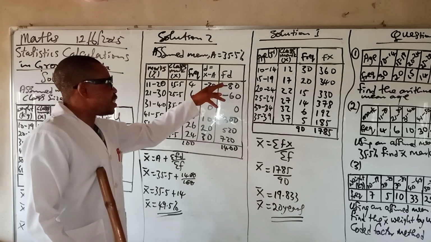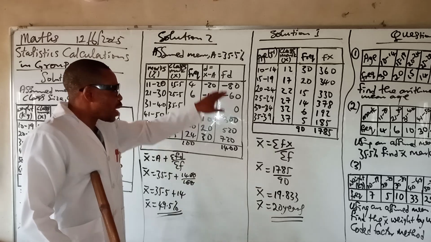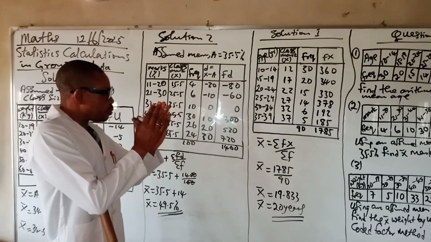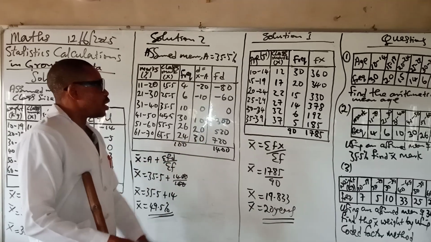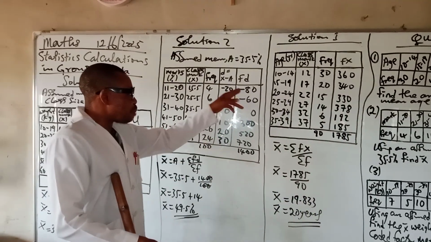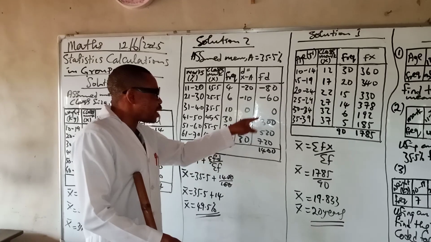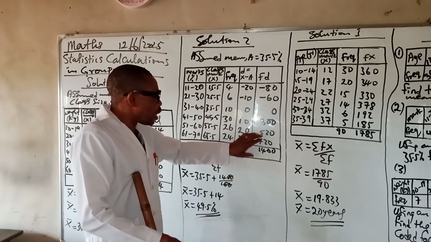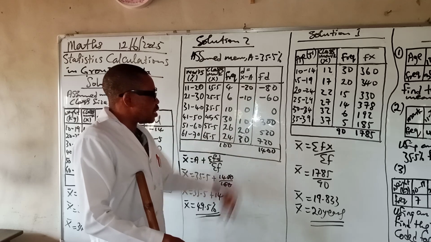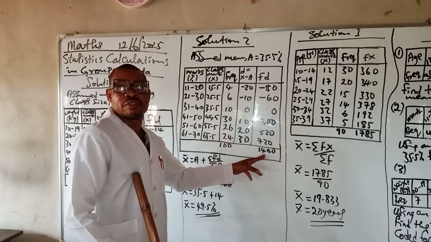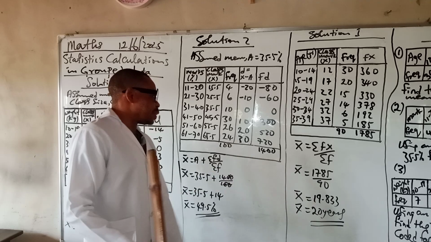First of all, we add the negatives together and keep them. We now add these ones together and keep them. Whatever we get here minus whatever we get here, because the total of the negatives is lower than the total of the positives. We now say the total of these positive numbers minus the total of the negatives gives us this value. And that's how we arrive at 1,040.